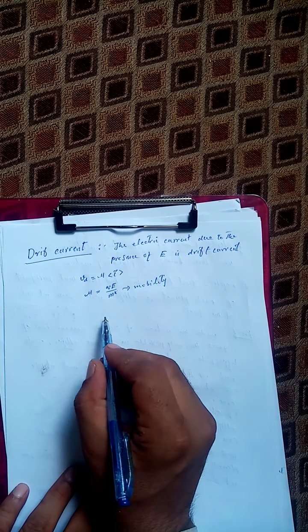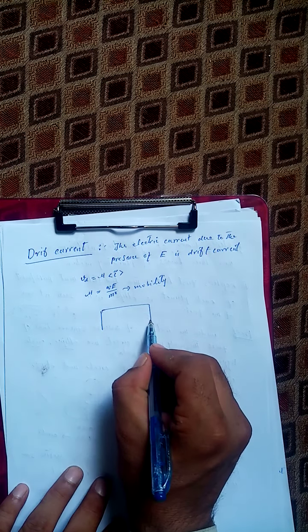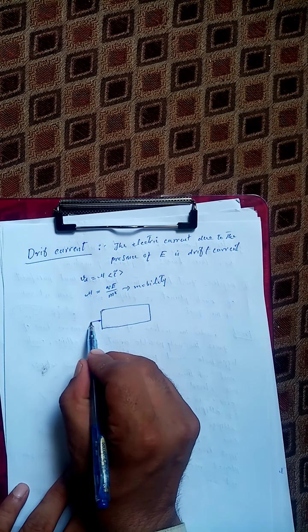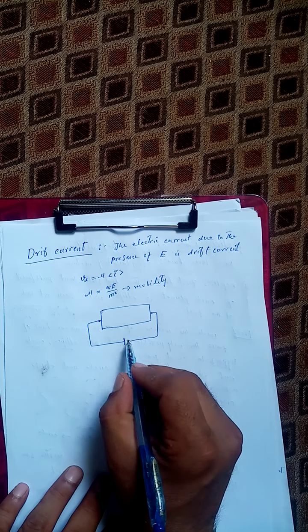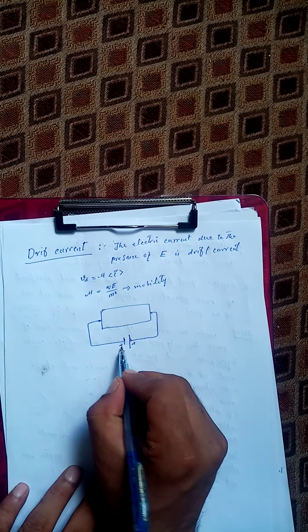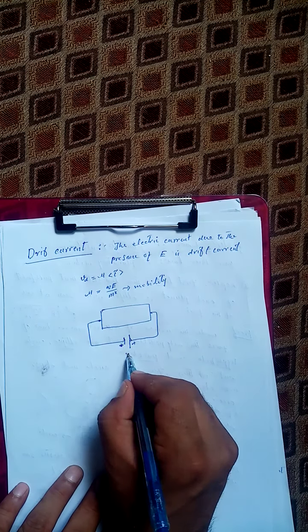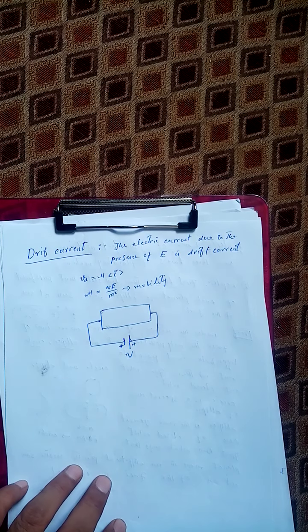Now suppose we have a piece of semiconductor. We connect it to an external voltage source. Here we have the positive terminal, and here we have the negative terminal, and this is the external voltage.